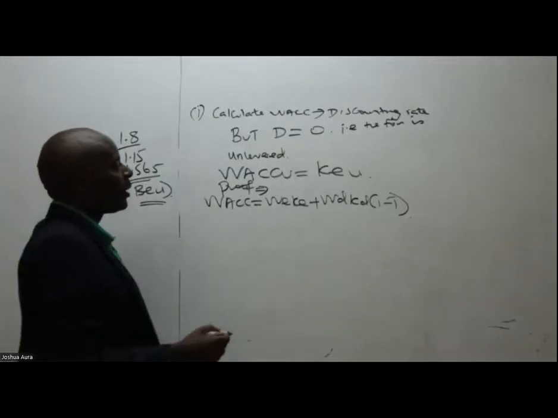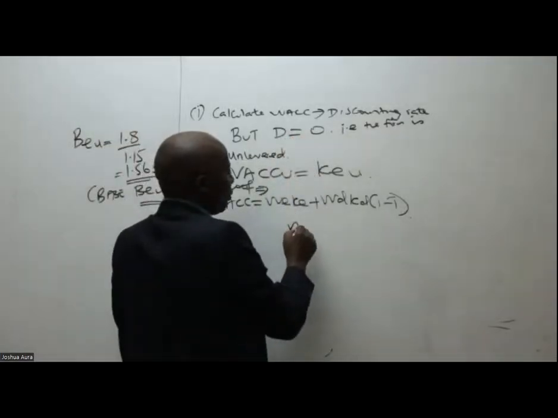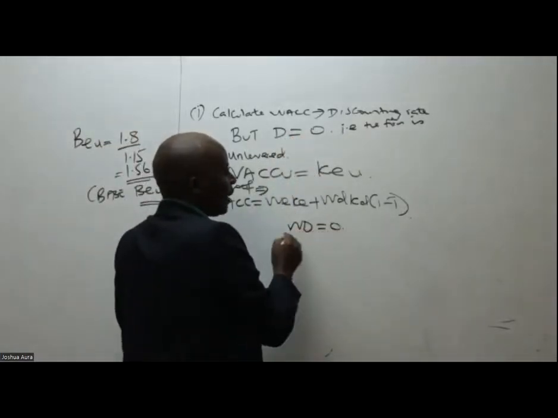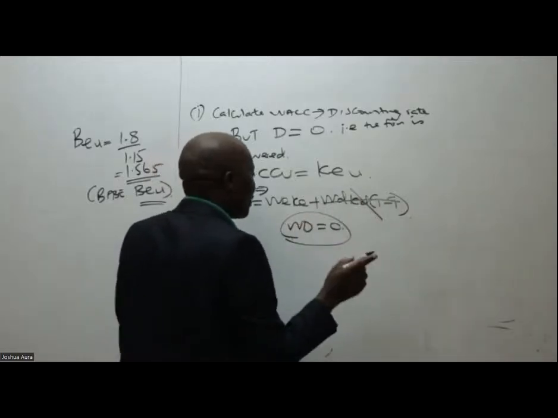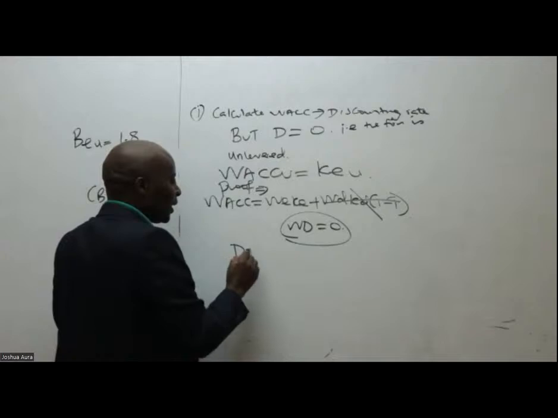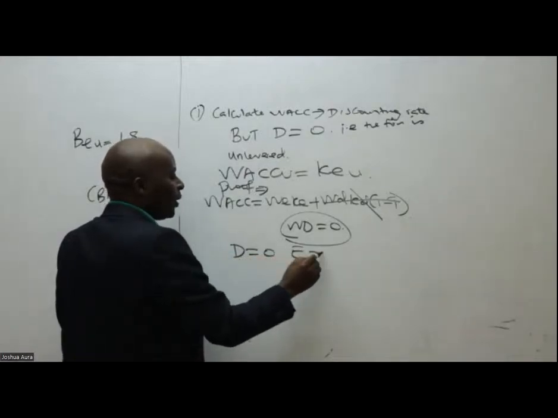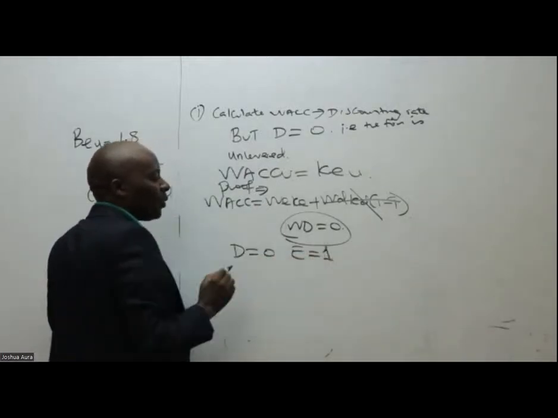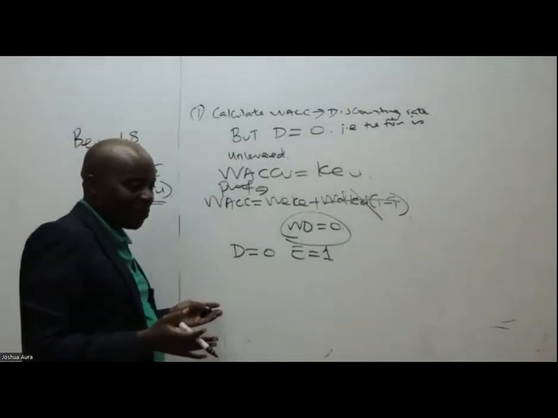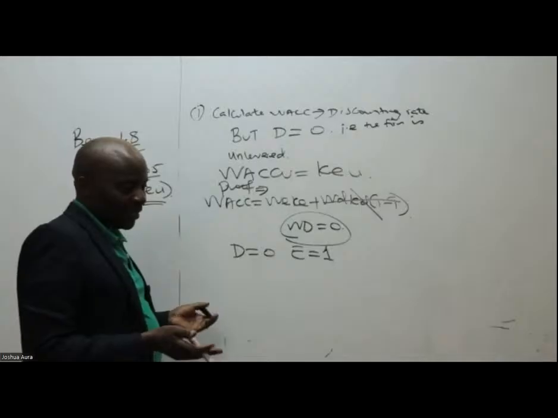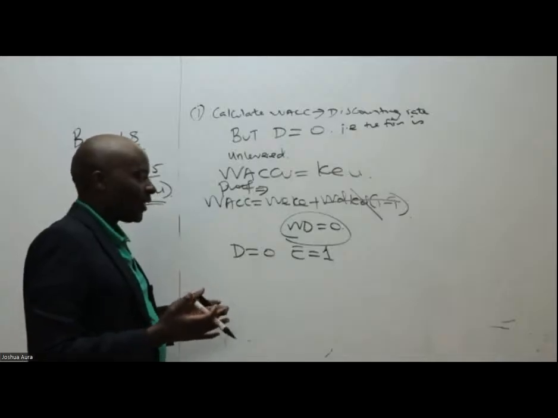So remember that if debt is 0, then automatically weight of debt will be 0, and this kills everything there. And if debt is 0, then equity weight will be 1, because the two must always add up to 100%.